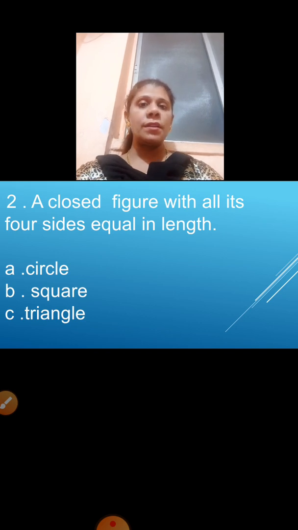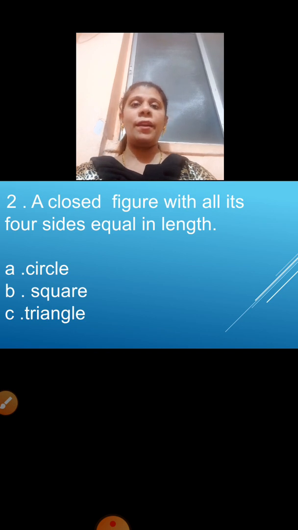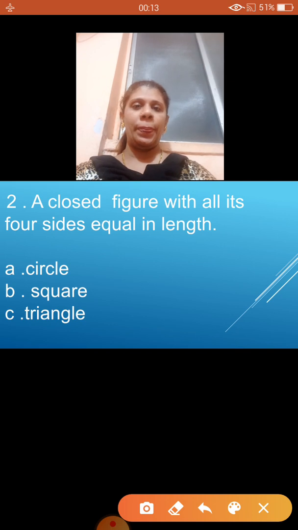A closed figure with all its 4 sides equal in length. A closed figure is there, but its 4 sides are equal in length. Now, in a circle, there are 4 sides, or in a square or in a triangle. What is the answer, children? Think and tell me fast. Which option will we take?